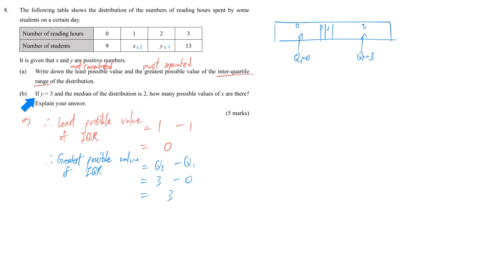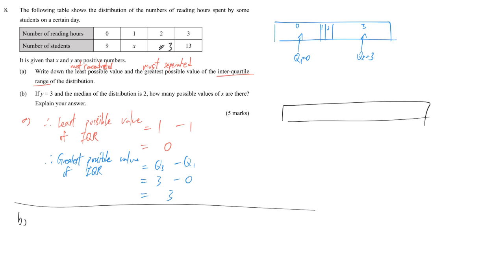Finally, part B talks about another situation where Y is fixed to be 3, while X is still changing. It's given that the median of the distribution is 2, so we use the bar to present the idea. One of the extreme cases is that the first 2 is the median.